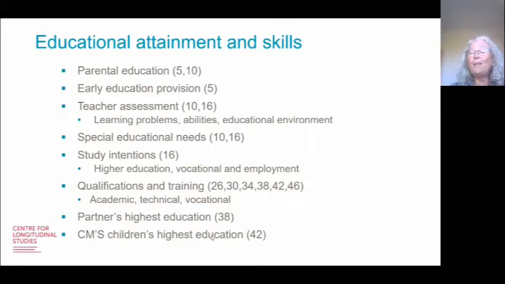For the cohort members' education, we've got early years, whether they have any special educational needs, and teachers' assessments also of their abilities, learning problems, and the educational environment in which they were taught. Their study intentions at age 16, as well as their academic, technical and vocational qualifications and training, which is collected throughout adulthood. The study collects the cohort members' partners' and also the cohort members' children's highest education as well.